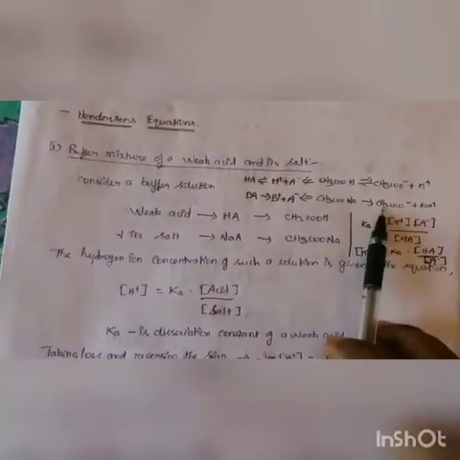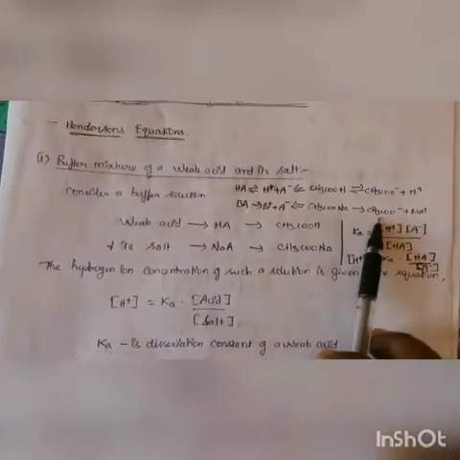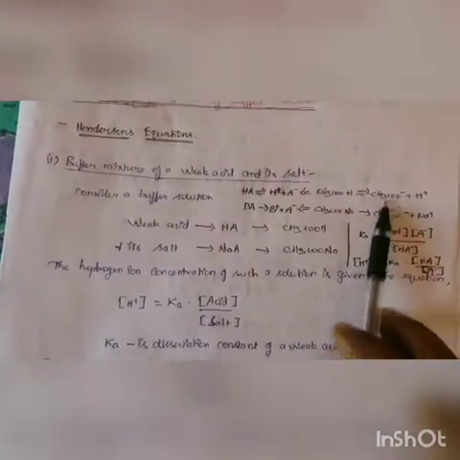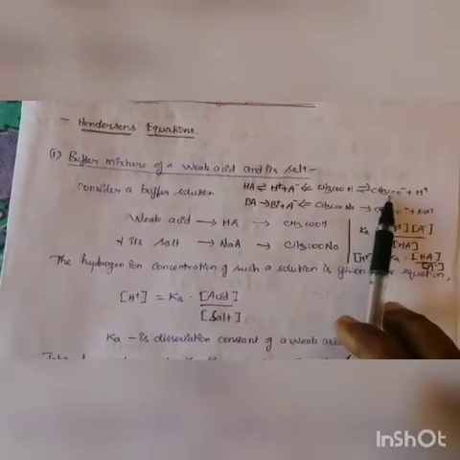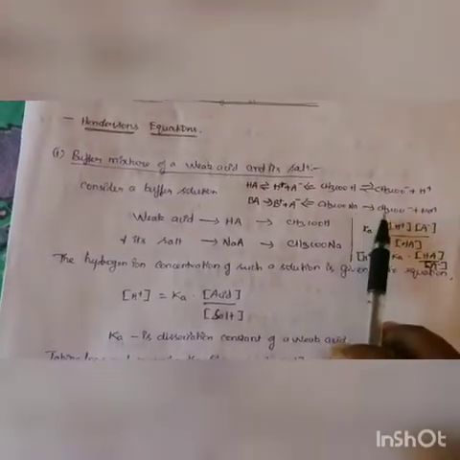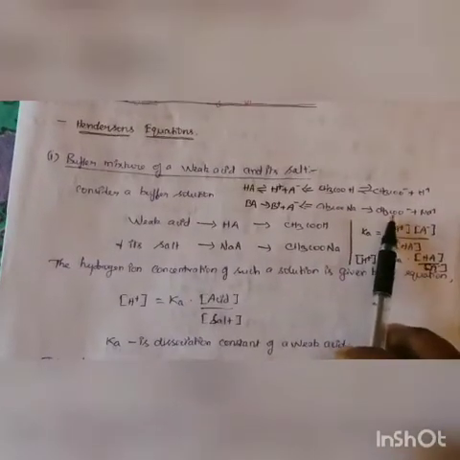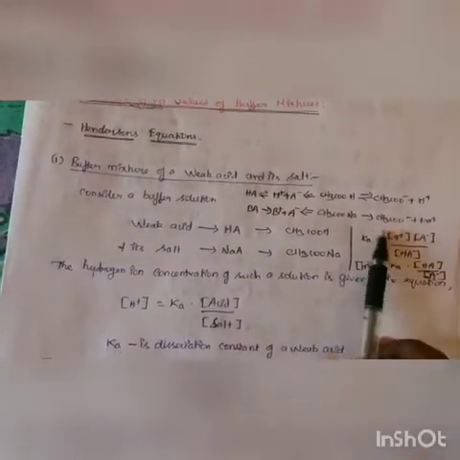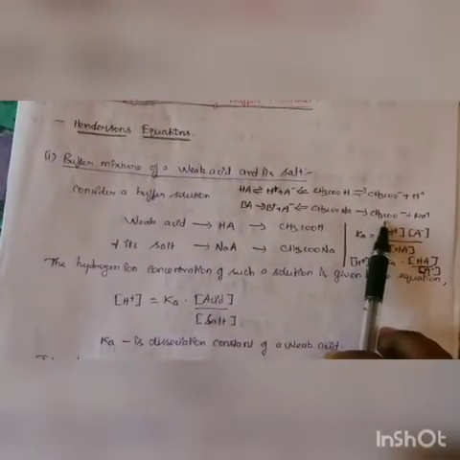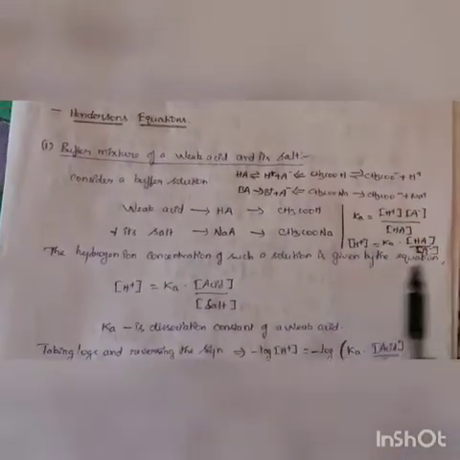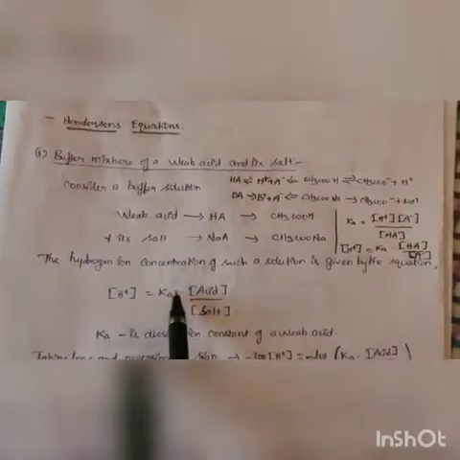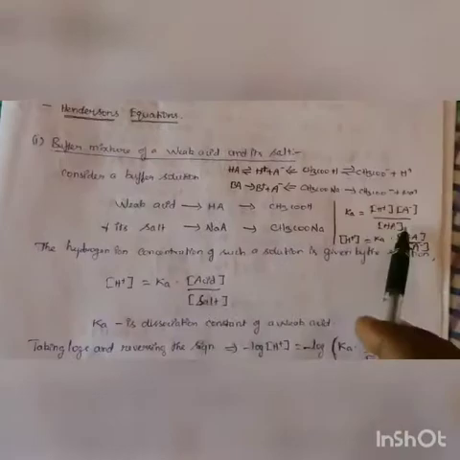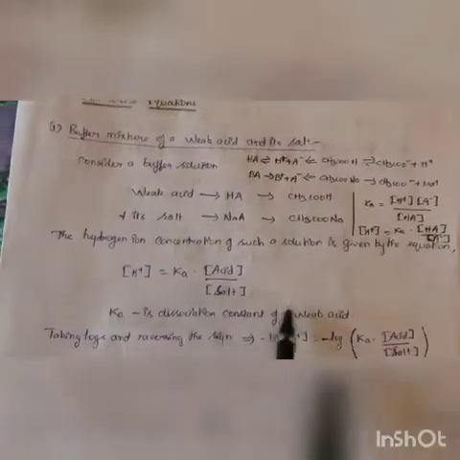The acetate ion from the acid is negligible compared with that from the salt, according to the common ion effect. The salt completely dissociates to give acetate ion plus Na plus, so I am taking this as the concentration of salt. So H plus is equal to Ka into acid concentration divided by salt concentration.